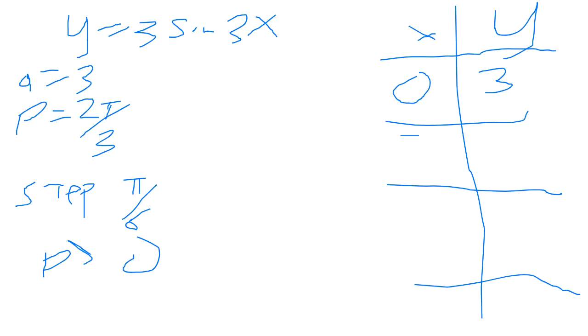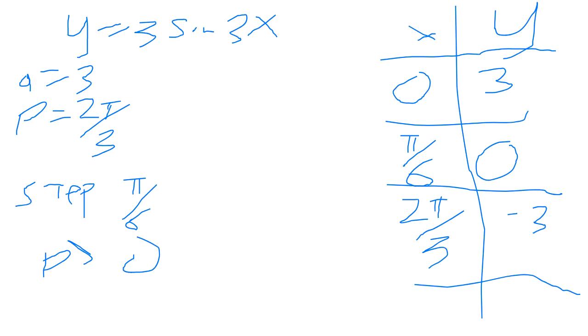If I put pi over 6 here, I'm going to get 0. Then my next interval will be 2 pi over 3. When I put 2 pi over 3 here, I'm going to get negative 3. So on your calculator, you can easily get these points.